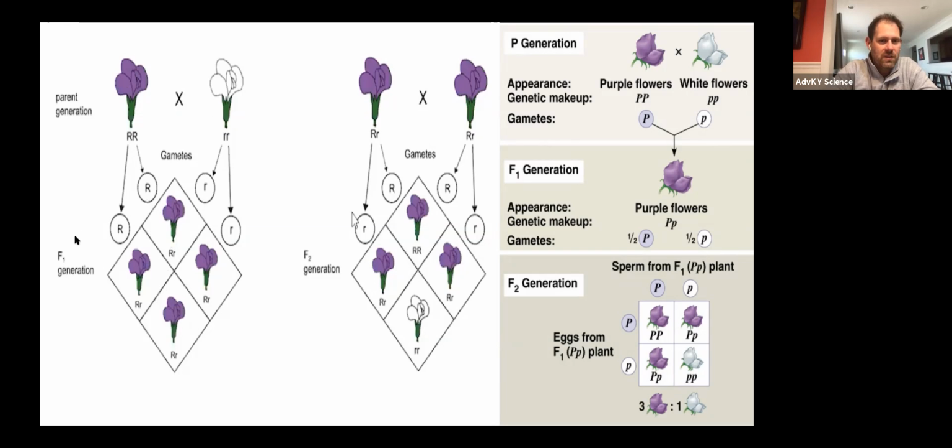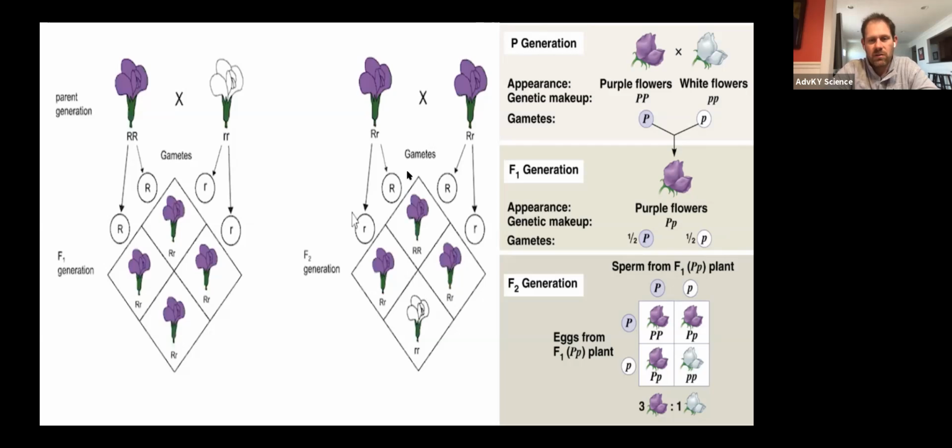So we say this is maybe the parents, this is what we got in the F1 generation, and then you come over here in the F2 generation and cross those two hybrids, or heterozygous. Well, if this is the cross, they each can give 1. So this would be the purple homozygous dominant, this would be the heterozygous, and this would be the homozygous recessive. So we get a 3-to-1.